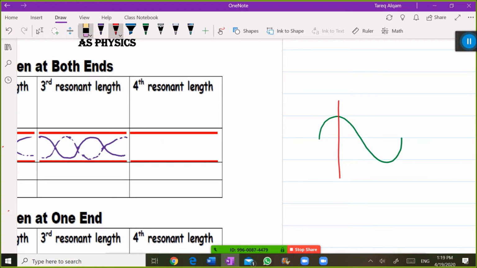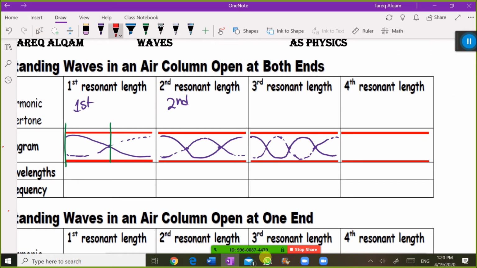Quarter lambda. If I consider this part, this is a quarter lambda. So if I consider another one here, similar to this, right? Basically, this is a quarter lambda, this is a quarter lambda. So here the length equals what? Half lambda. So lambda equals 2L. Pay attention, because this is the way that you will find the wavelength.